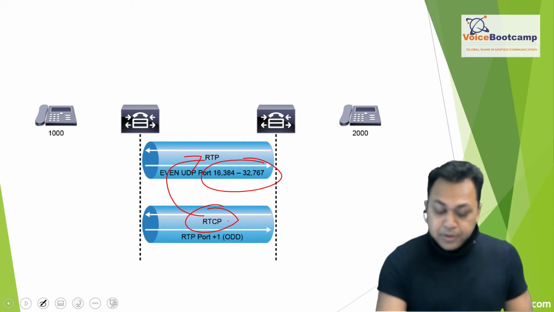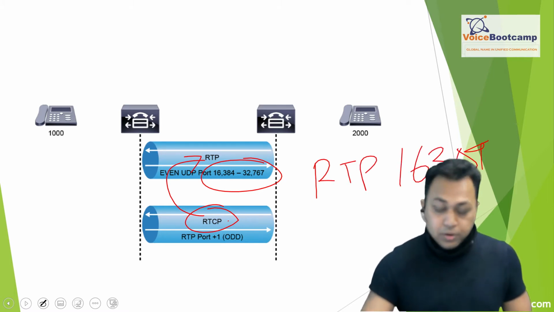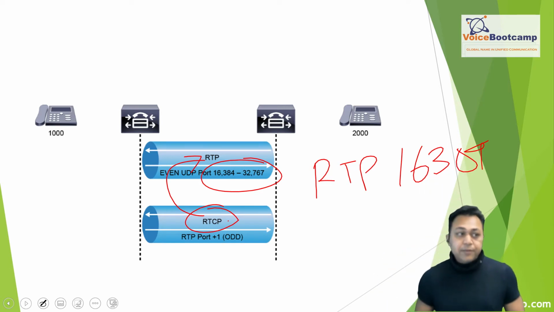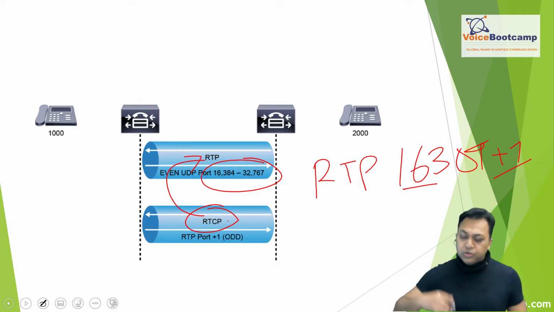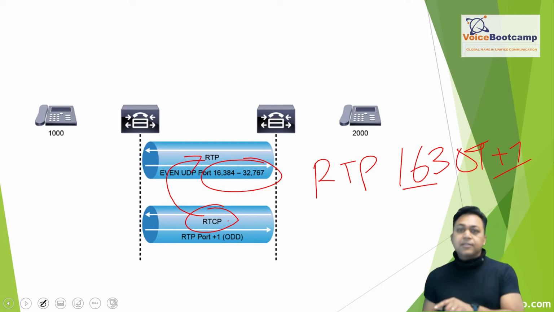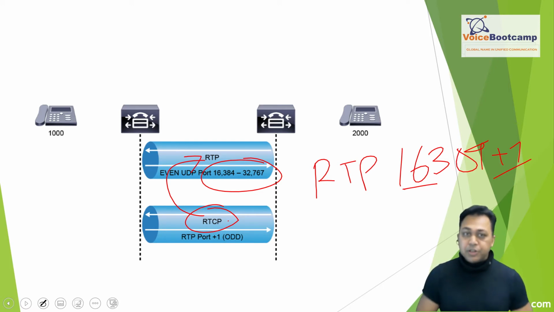Well, if your RTP uses port number 16384, let's say 16384, in that case RTCP will be using 16384 +1. So whether the RTP port is an odd or even number doesn't matter, RTCP is always going to use the RTP port +1 to indicate that it is monitoring that particular RTP session, which you can identify by simply subtracting one.